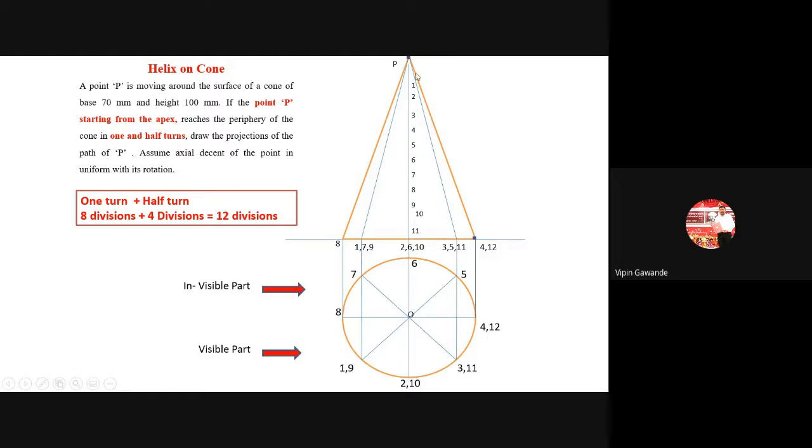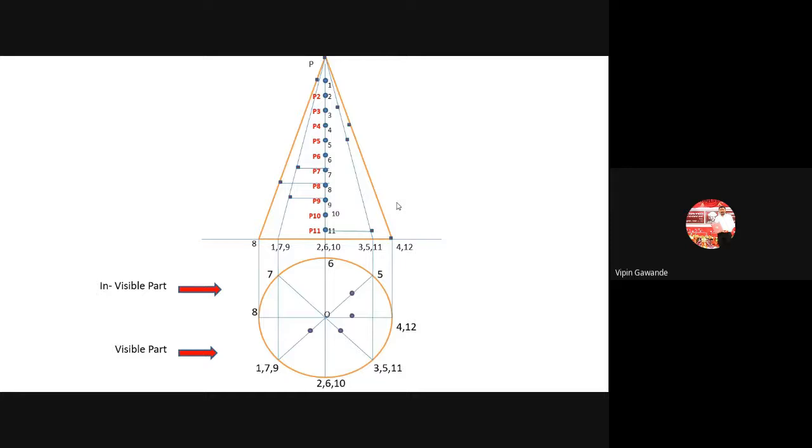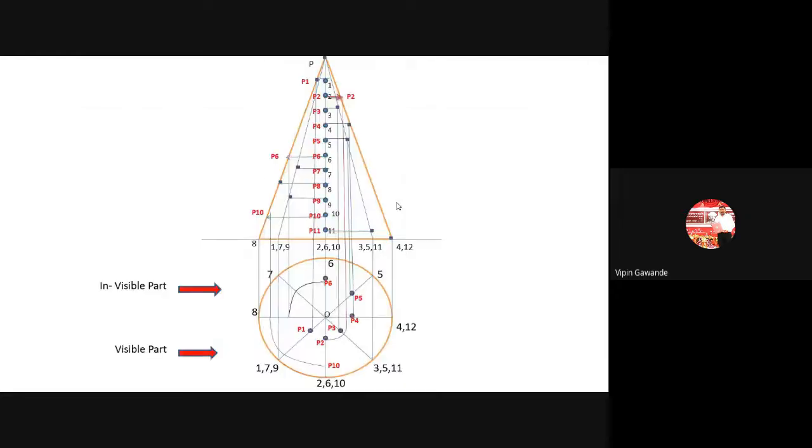And this vertical axis is also divided into 12 parts. Likewise you have to divide the lines here. So this is the method for construction of the helix on the cylinder and the cone.